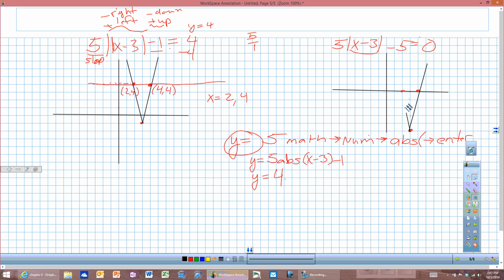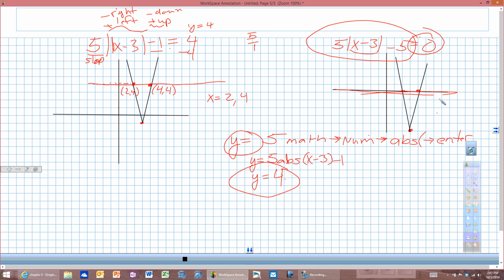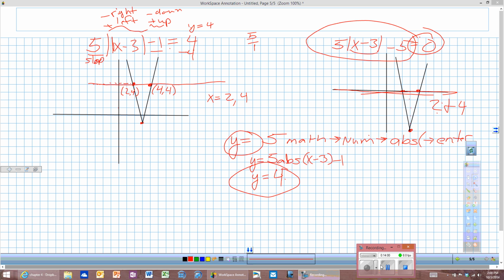And I like just always doing everything equal to 0. Because once it's equal to 0, then I don't have to go in and graph this second one. I have to graph this line right here. And I'm looking at where it crosses this guy. So it's still crossed at 2 and 4.